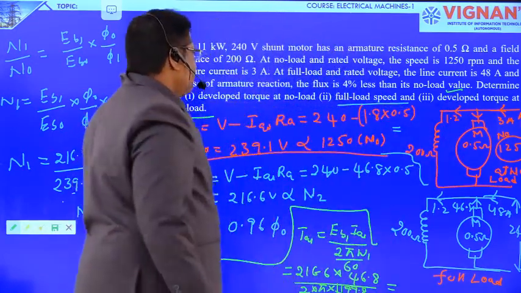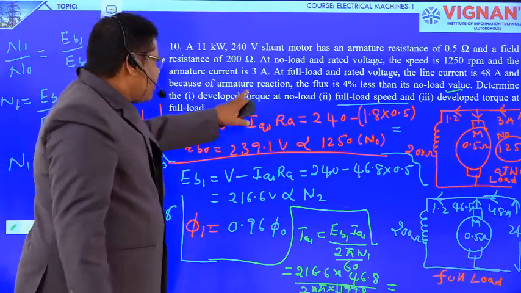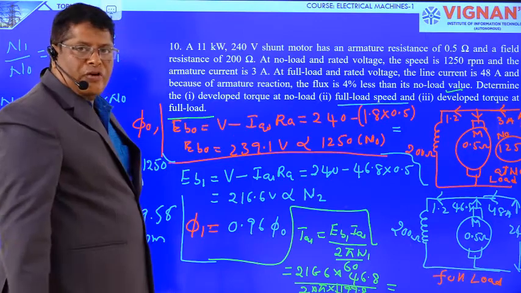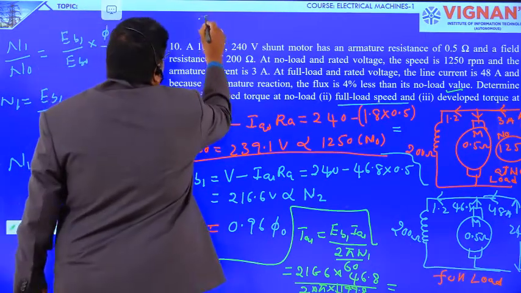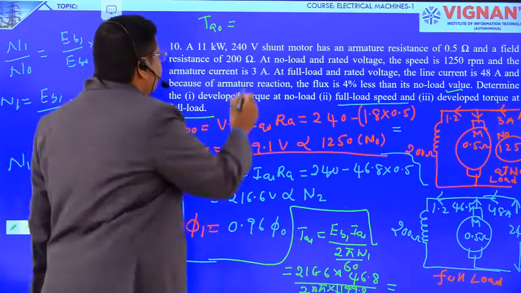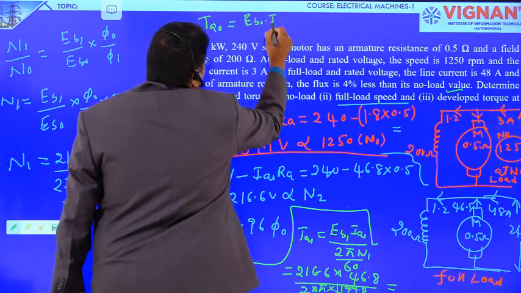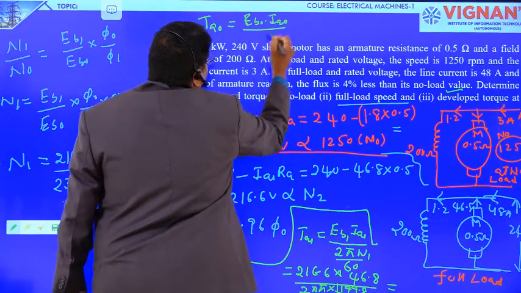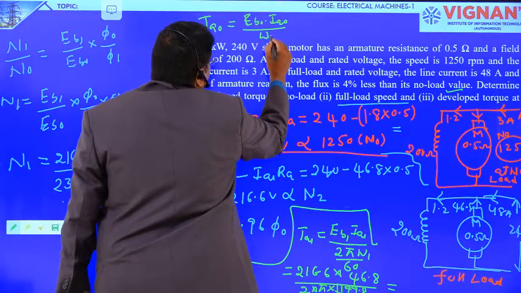In the same manner, to find the developed torque at no load, you take TA naught, which equals EB naught into IA naught divided by the angular velocity of the motor at no load.